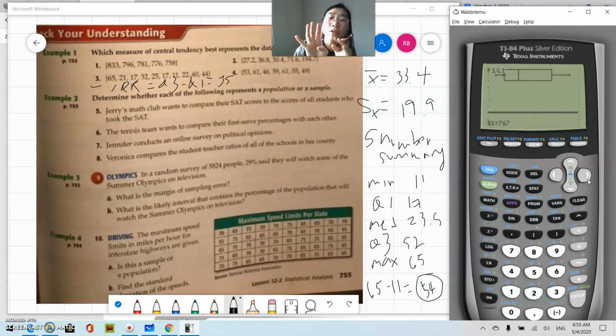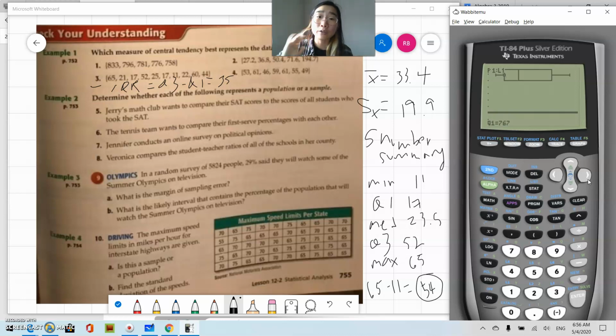Quartile 1, median, and quartile 3 don't have to be your actual data. It's just an indicator of where 25% of the data belongs. So think of quartile 1 as a point where you have 25% of your data. Quartile 2, which is also the median, up to the median you have 50% of your data, and at quartile 3 you have 75% of the data, and then the maximum has 100% of your data.